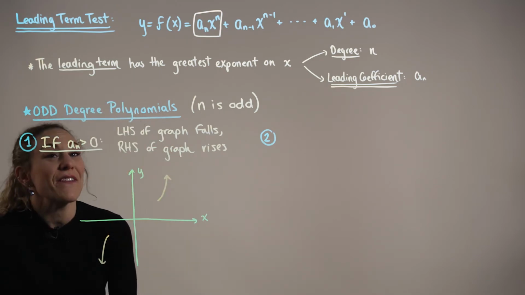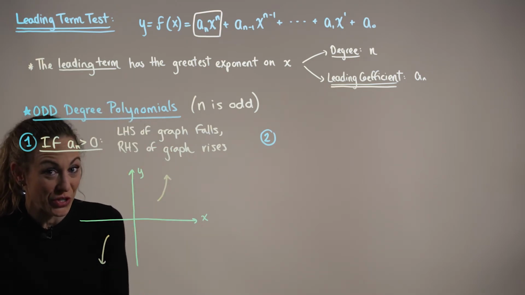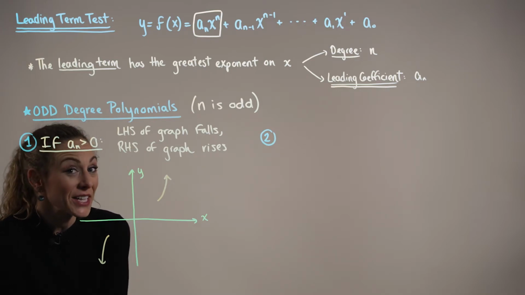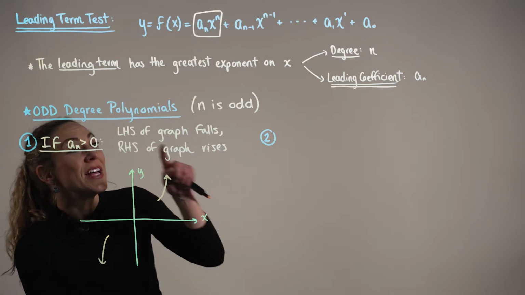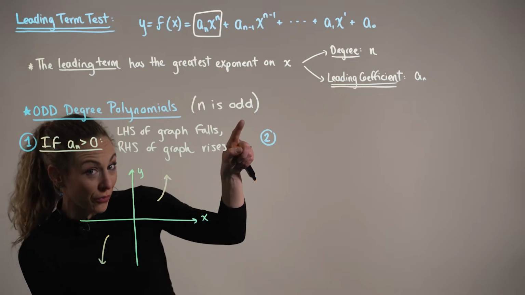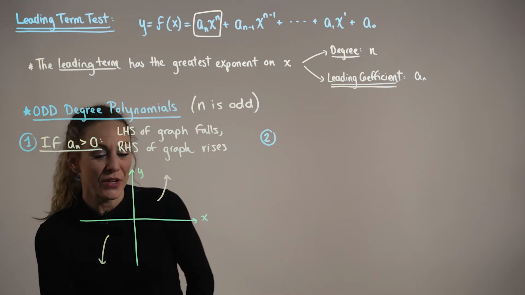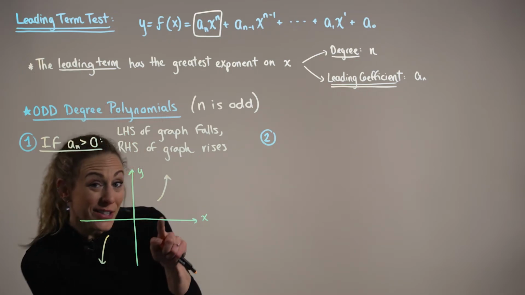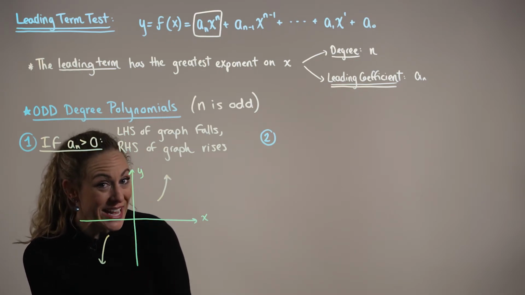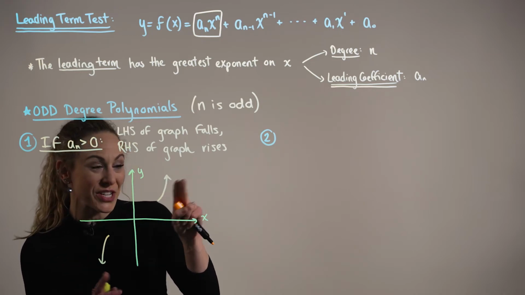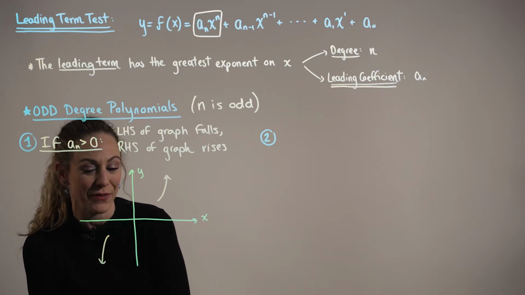So if we have a positive leading coefficient with an odd degree, the leading term test lets us know that the left-hand side of the graph will fall and the right-hand side of the graph rises up. So again, while we're not sure what's going on in between yet, we can make some observations about the end behavior of this graph.